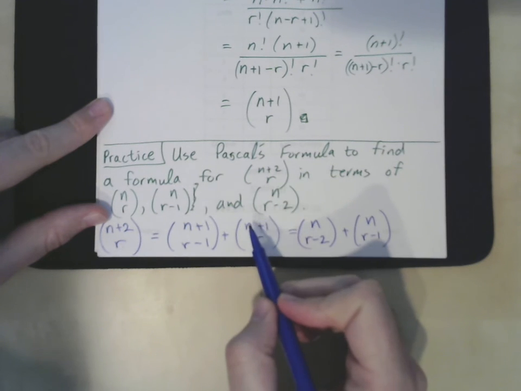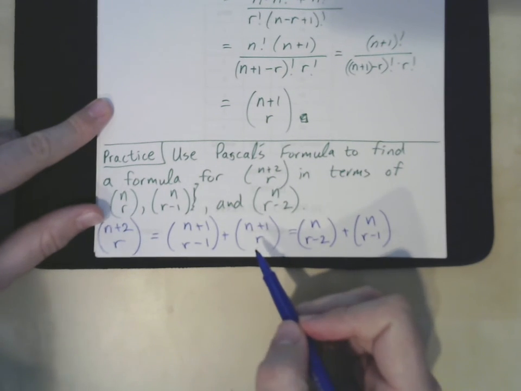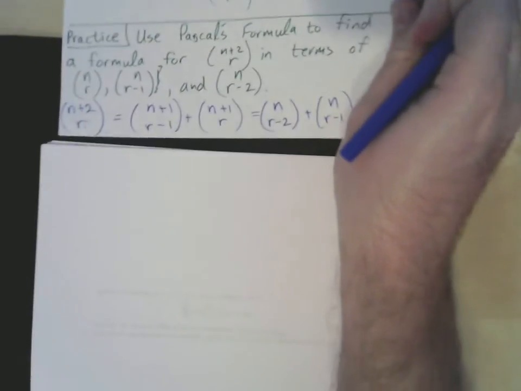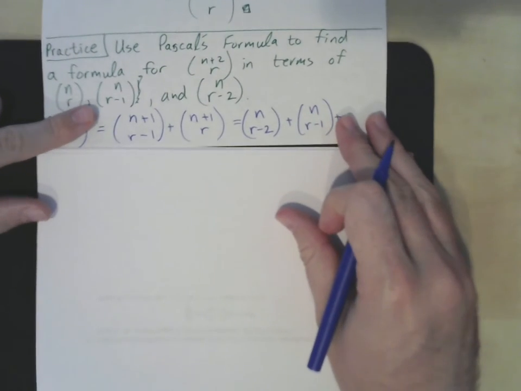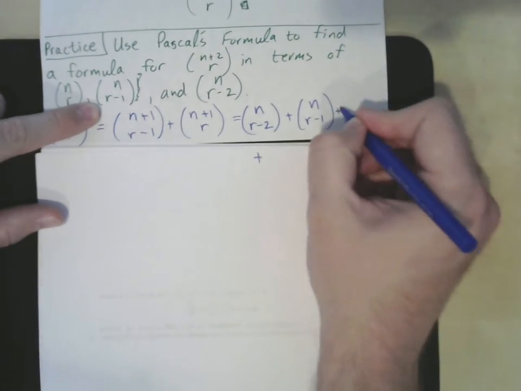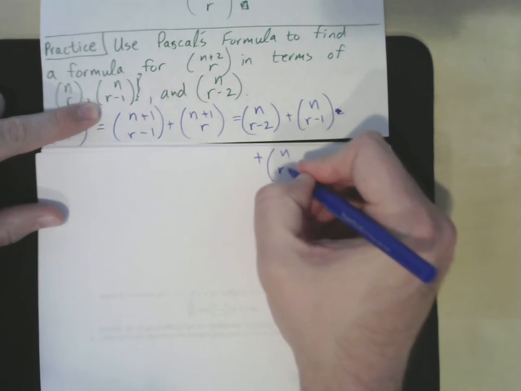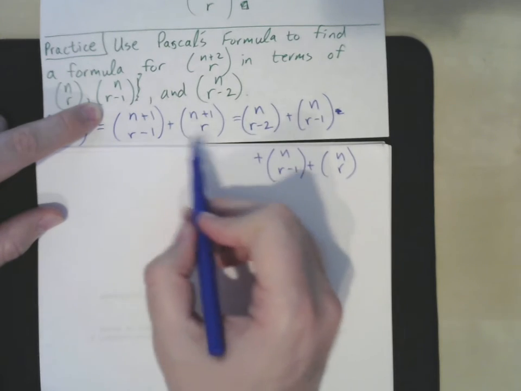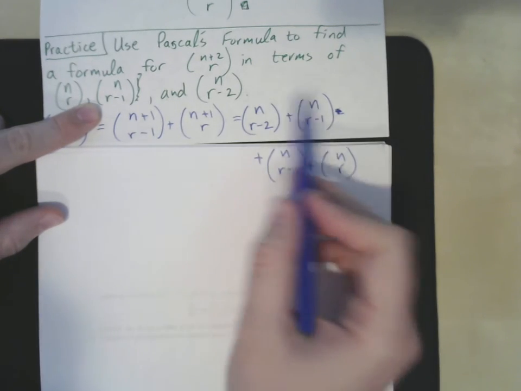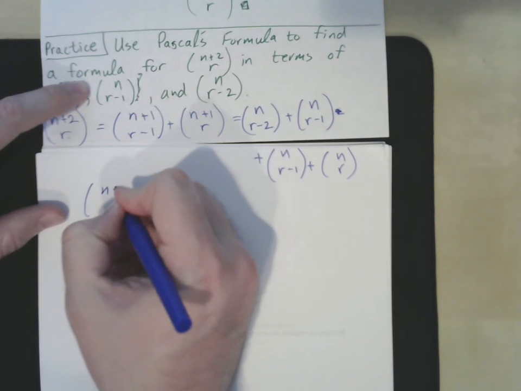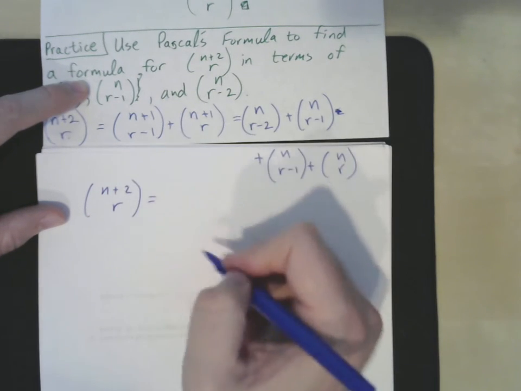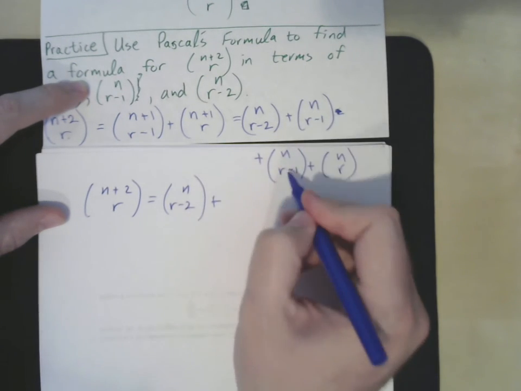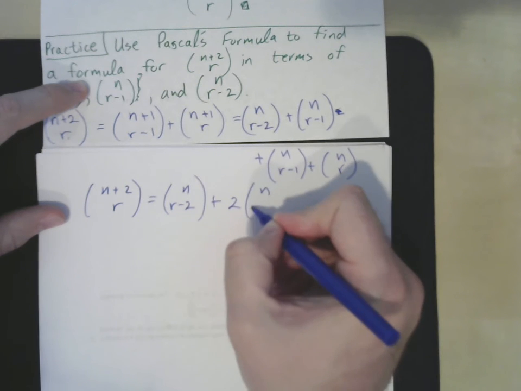And n plus 1 choose r, using Pascal's formula, is n choose r minus 1 plus n choose r. So this thing splits into these two, this thing splits into these two. And then we can rewrite that, n plus 2 choose r equals n choose r minus 2 plus 2 copies of n choose r minus 1 plus n choose r.